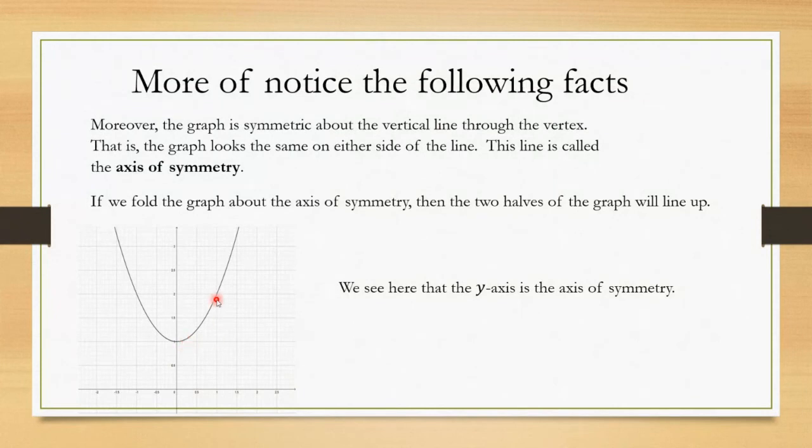You can imagine, maybe better with this graph, taking the graph and folding it along the y-axis, or the axis of symmetry in this case. And what happens is both halves of the graph would line up. I haven't gone over what it means to be symmetric about something, but you could think of it as being symmetric about the axis of symmetry. So we have that idea. Okay.